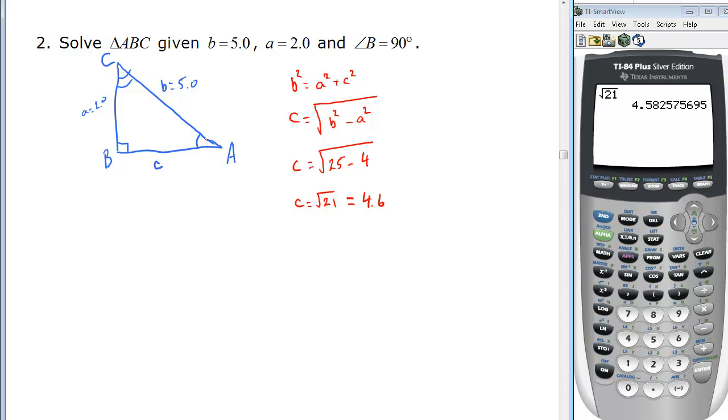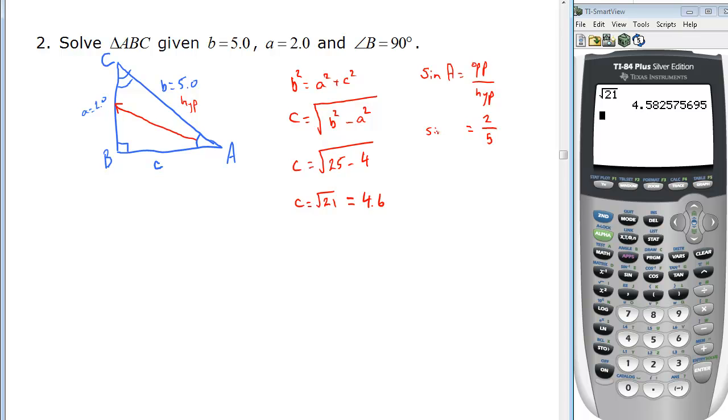Now we're missing two angles. If we start with A, the things we were initially given were over here, which is opposite of A, and this side here, which is the hypotenuse. So we have opposite and hypotenuse, and hopefully that makes you think of sine. So the sine of A is going to be opposite over hypotenuse, which is 2 over 5.